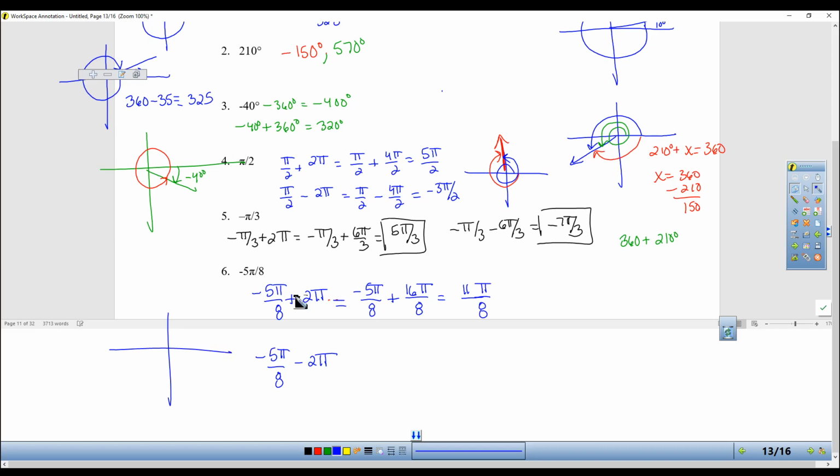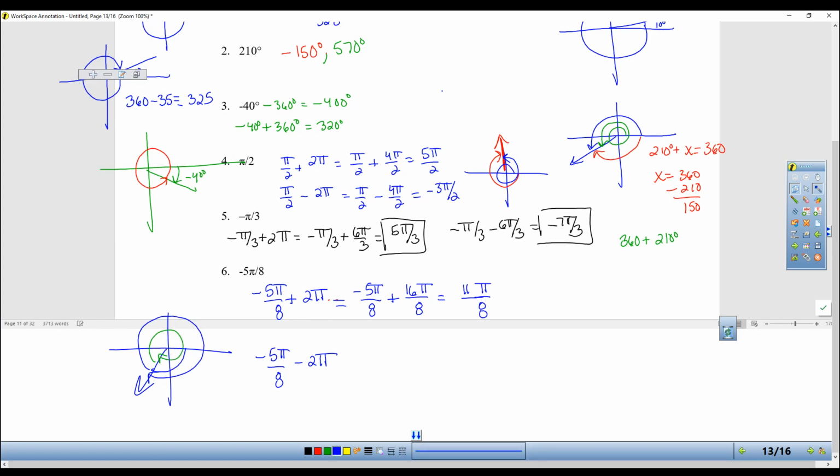So 5 pi eighths, so if you think about this as being eighths, it's a little bit more than a half, although it's this direction. So it's somewhere around there, because that would be 4 eighths. So I'm somewhere around here, and if I subtract 2 pi, I keep going in the negative direction, I'll land in the same spot. Or if I'm here and I go in the positive direction, I also land in the same spot.